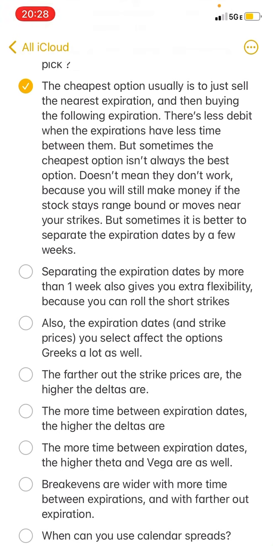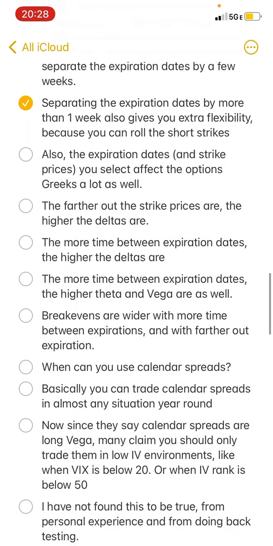But sometimes it's better to separate the expiration dates by a few weeks. The reason I do that is because separating the expiration dates by more than 1 week gives you extra flexibility, because you can roll the strikes. It's similar to that example I was talking about with Tesla, if I'm doing an at the money one. If you're selling next week's short call and buying one for 4 weeks out and it stays below that strike price, you can collect all that theta.